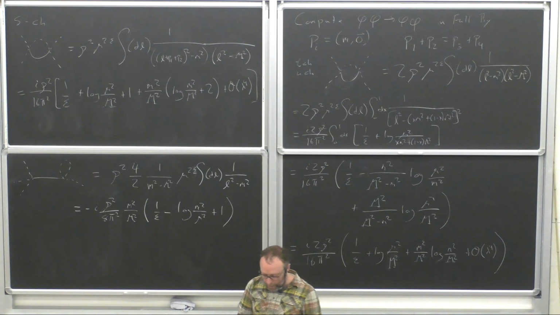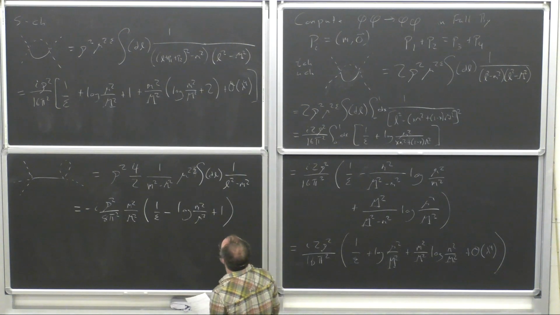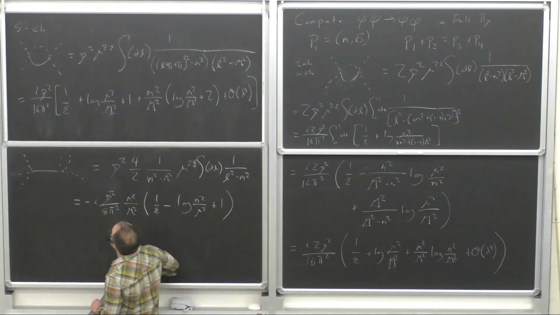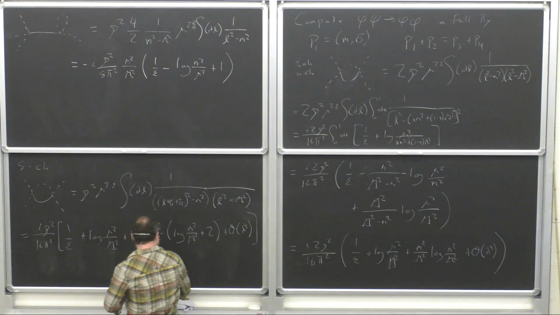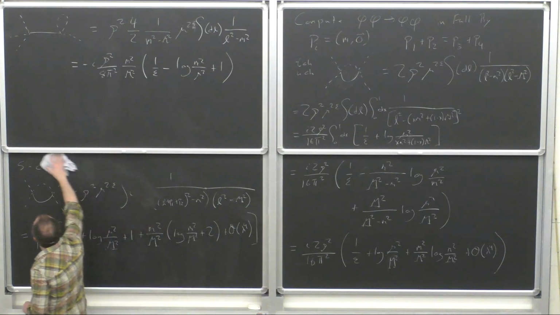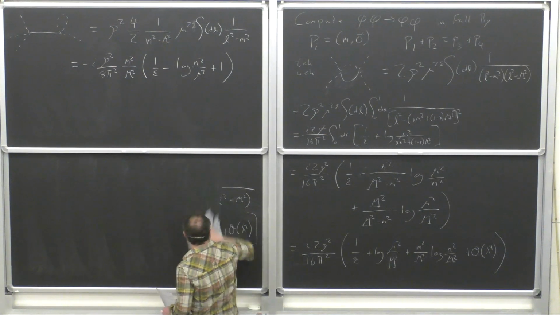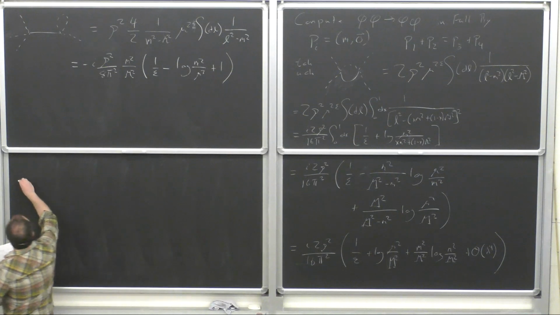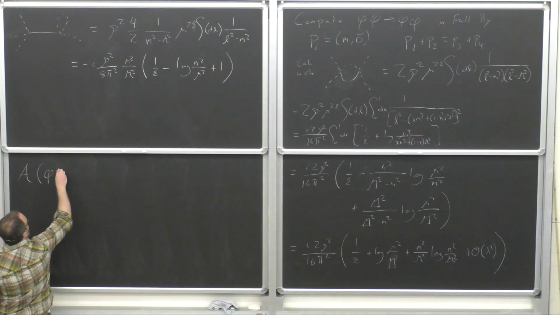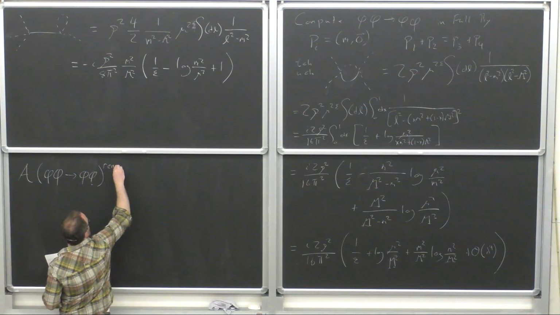So now, where do we land? We can put all of this together to get the amplitude. So we have phi phi goes to phi phi, renormalized.